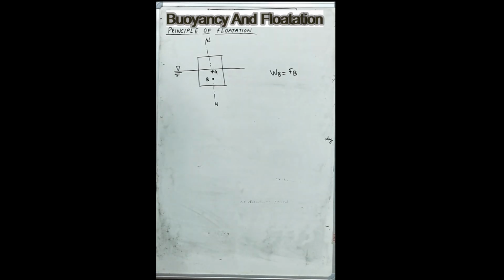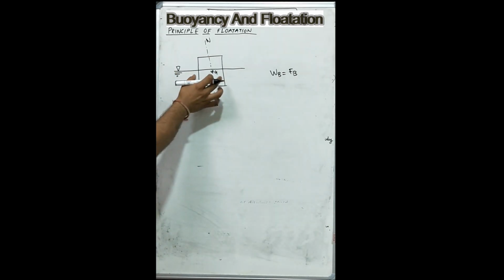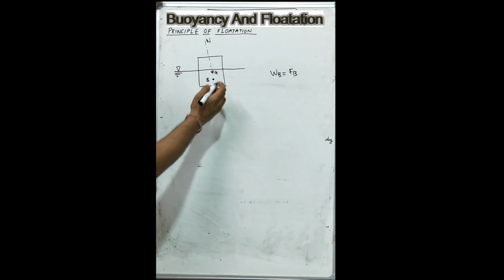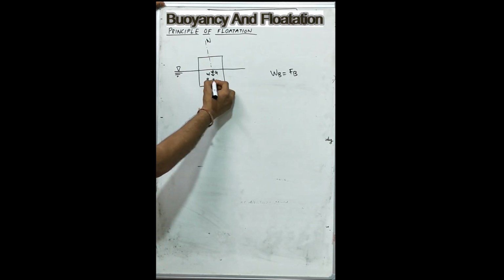What does it mean? Let us consider this body floating under the equilibrium condition. G is the point where the weight of the body, say W, is supposed to be acting, and B is the center of buoyancy where the buoyancy force, say FB, is supposed to be acting in the vertically upward direction.